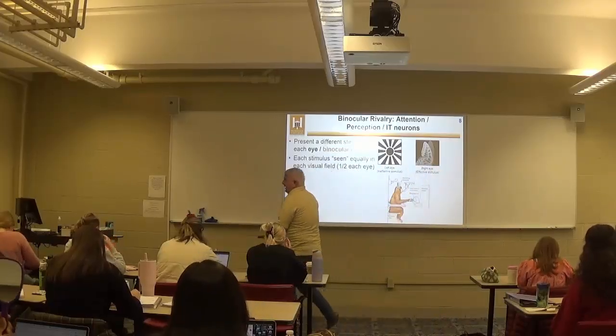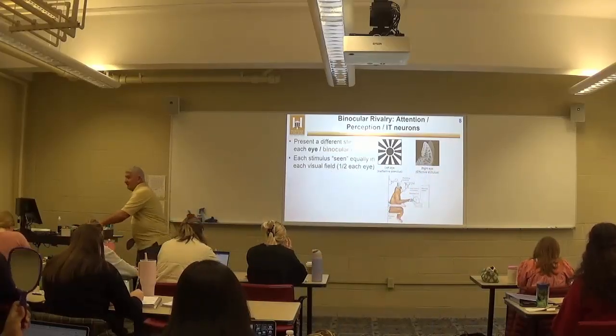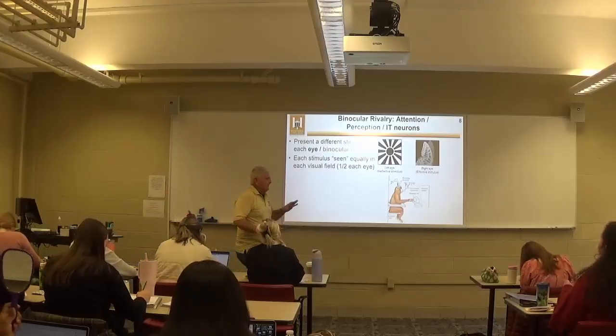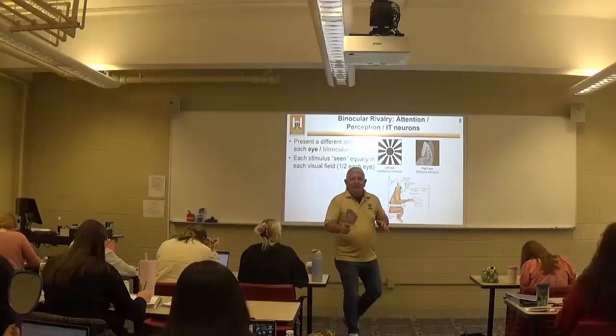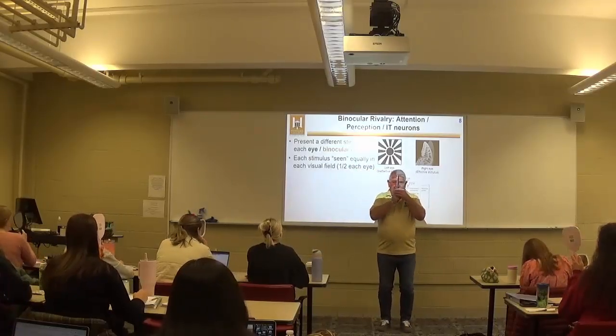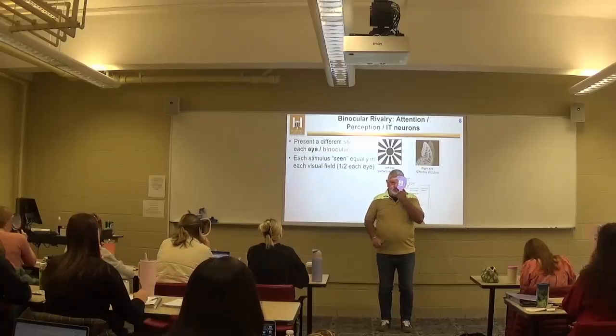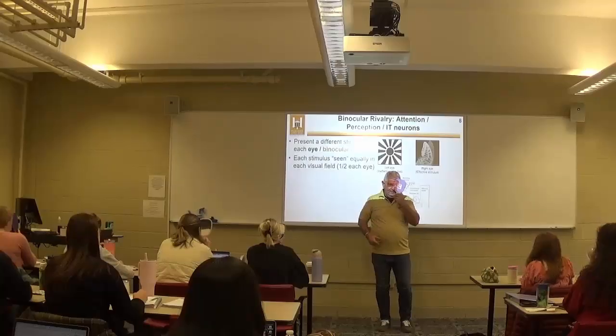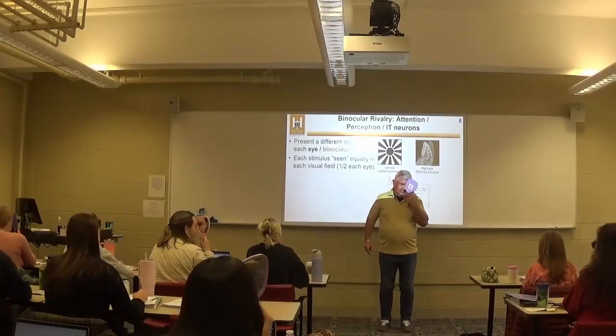And so when that happens, your brain's trying to consolidate two different images. So take the mirror like this, okay? Put it on your nose, and then tilt it so one eye is seeing whatever's in the mirror, and the other eye is looking at me. What are you seeing?